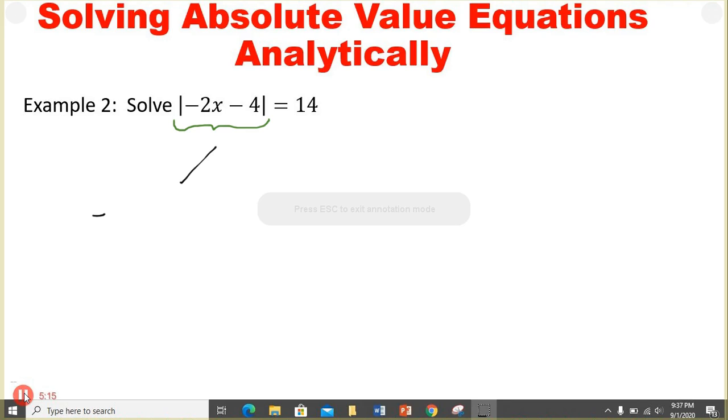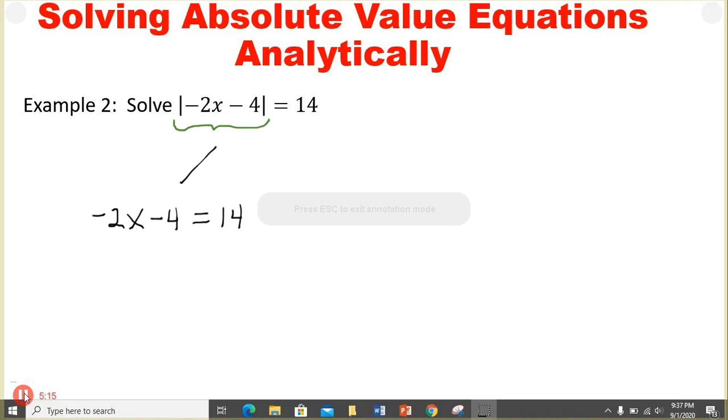My first equation is negative 2x minus 4 is equal to 14 because the numbers that I can put inside of this bracket that have an absolute value of 14 are positive 14 and negative 14.